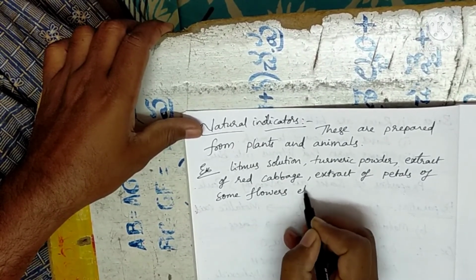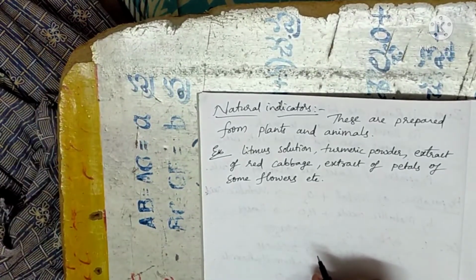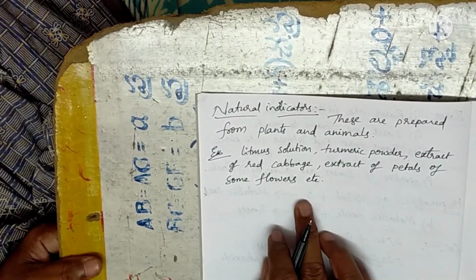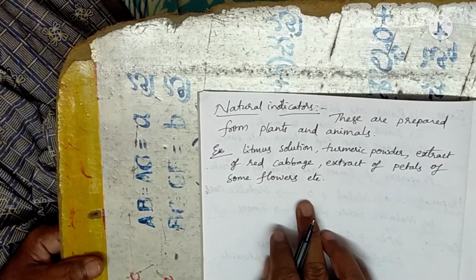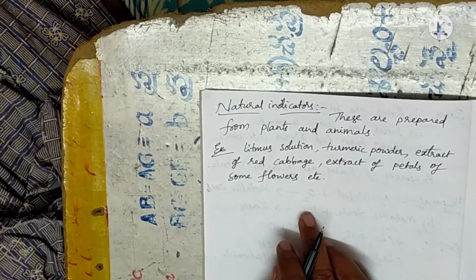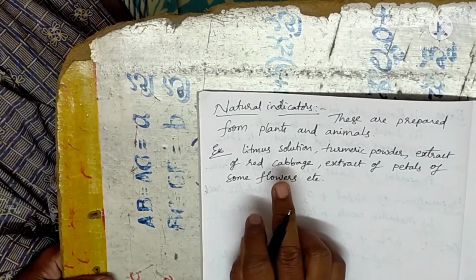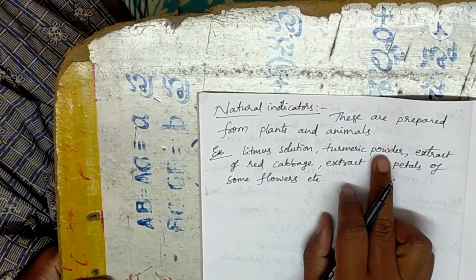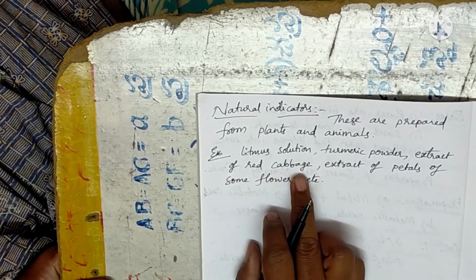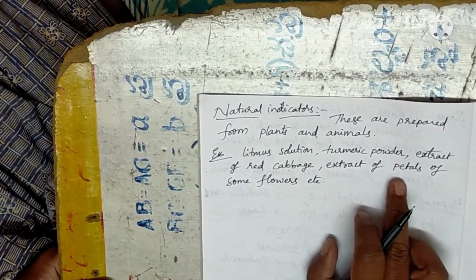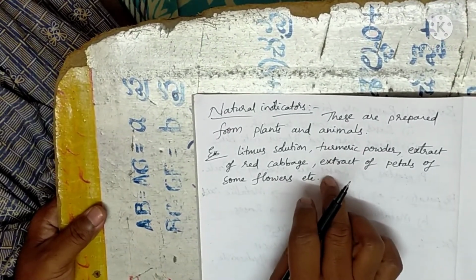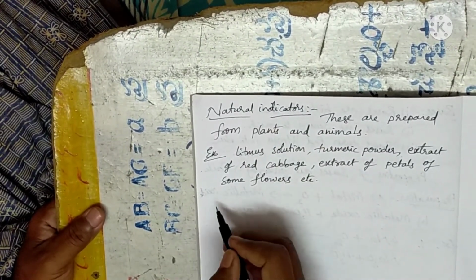These are all examples of natural indicators. This is one of the general questions for 10th class: write any two names of natural indicators. The examples are litmus solution, turmeric powder, extract of red cabbage and extract of petals of some flowers.